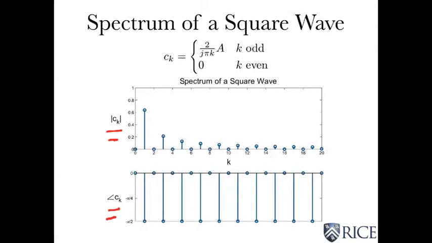And so I really am thinking about this Fourier coefficient as a function of frequency, just like I thought about the transfer function as a function of frequency. And I'll re-express this axis in frequency in just a second. So the magnitude, you can see how the coefficients go down like 1 over k when they're odd, and when they're even you get 0, which is what the expression says.